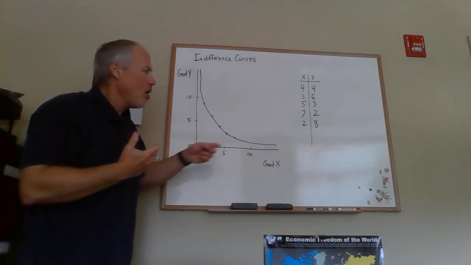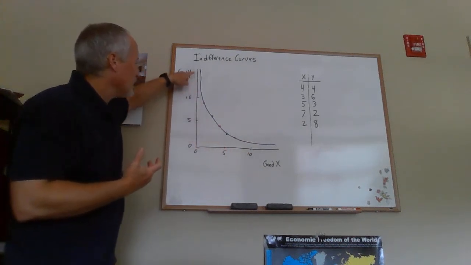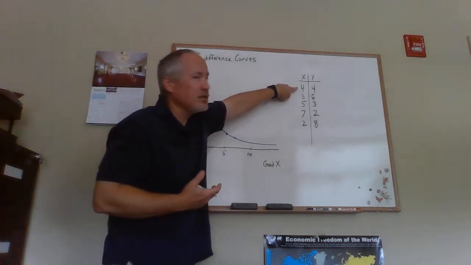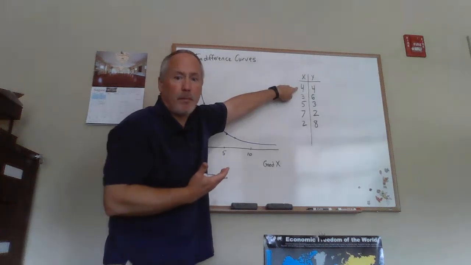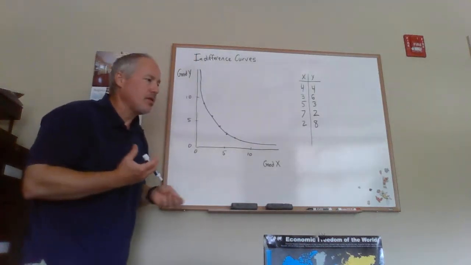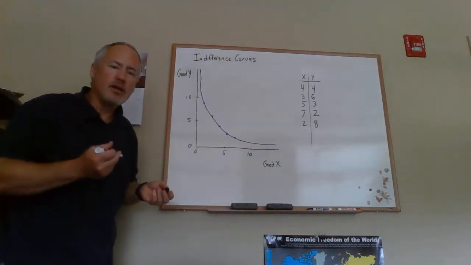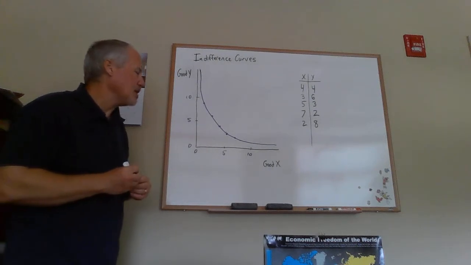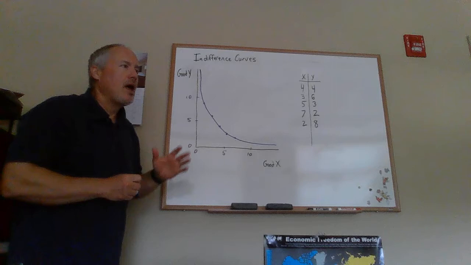The idea that all of these bundles on this indifference curve are equivalent in the consumer's mind to the bundle 4-4. So we've traced out now one indifference curve. And this would give a person a given level of utility.